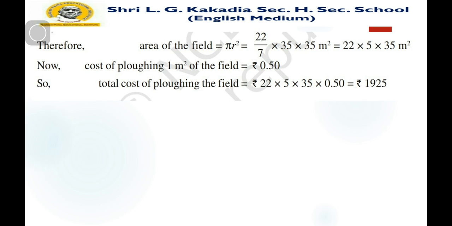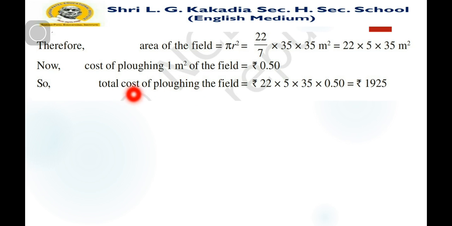Therefore, the area of the field is equal to pi r square, that is 22 by 7 into 35 into 35 meters square. So the area of the field is 22 into 5 into 35 meters square. We want to find the cost of plowing the given field.